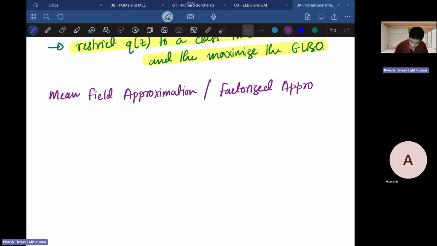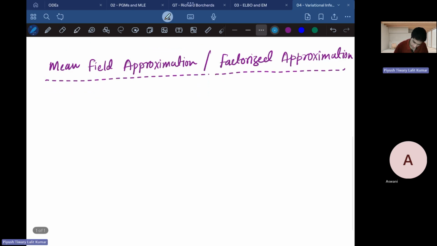This is something that is apparently used a lot in physics. So let's see what this is.